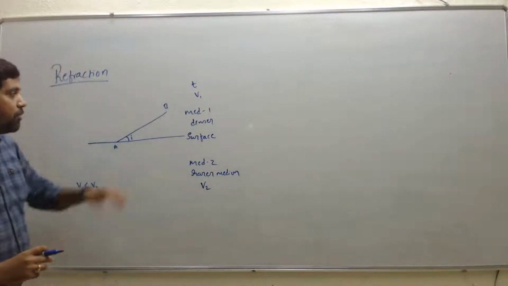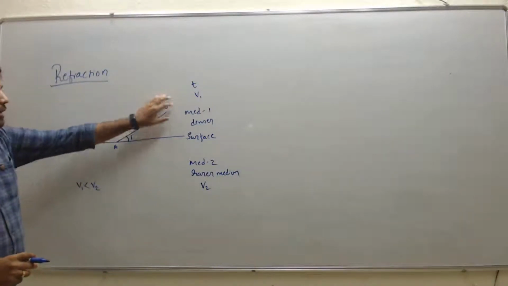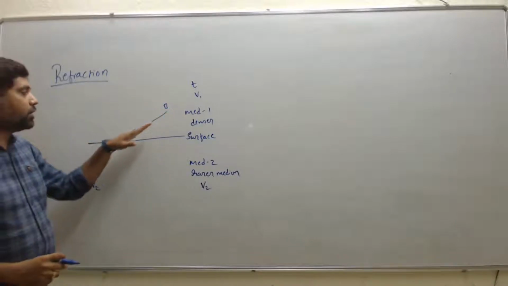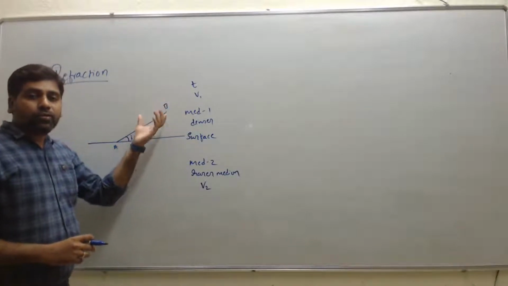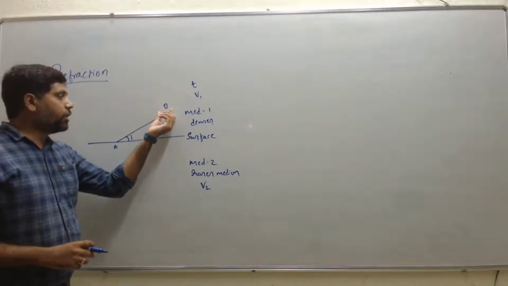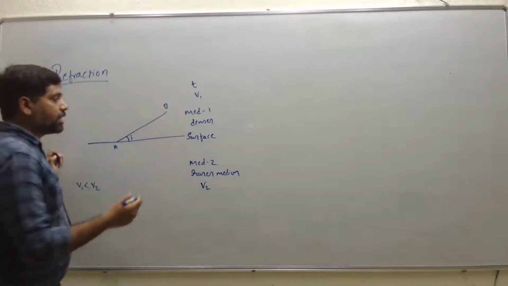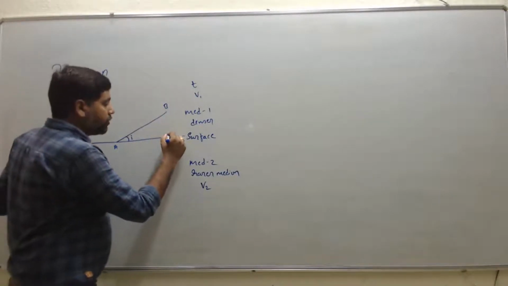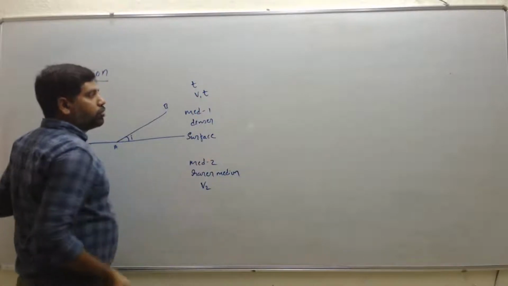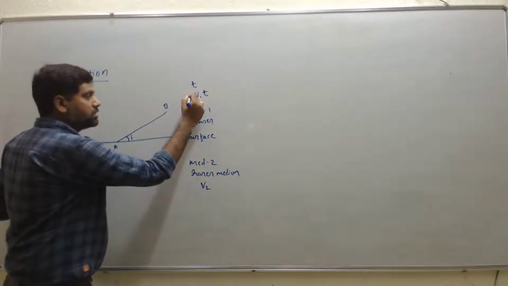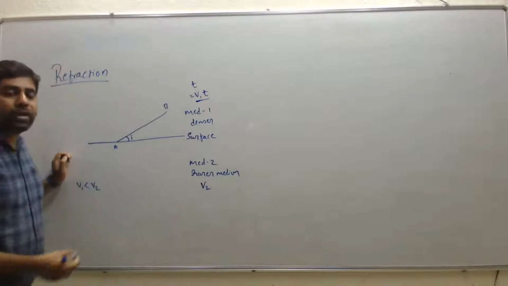Each and every point on the wavefront acts as a source for secondary wavelets. From this point, the distance traveled we have to calculate: we make the sphere of radius v1 t. So the distance traveled is equal to v1 t.